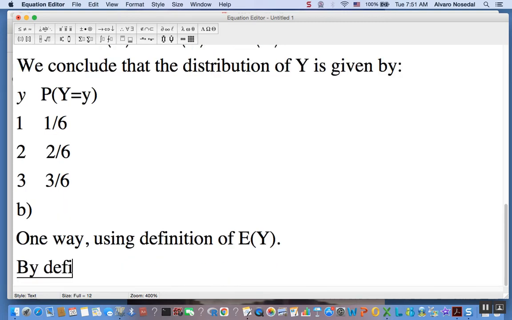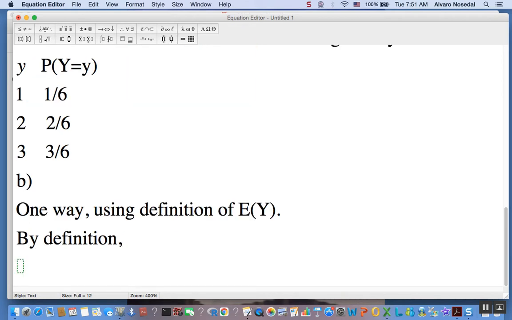By definition, the expected value of y would be the sum of y times the probability that the random variable y equals that particular value, lowercase y.